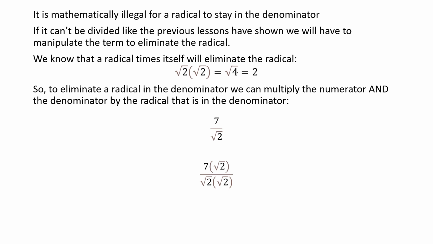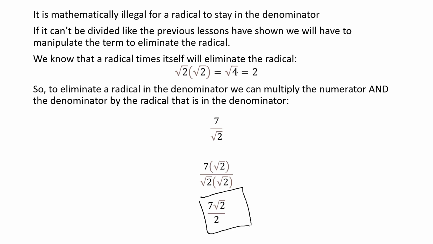But if I multiply the bottom by square root of 2, I have to multiply the top by square root of 2. 7 square root of 2 can't simplify, and the square root of 2 times the square root of 2 is 2. So this is my answer, which really doesn't look any easier, but that's the simplified form because of that very first statement that says we cannot have a radical in the denominator.